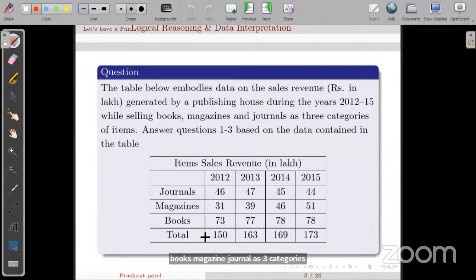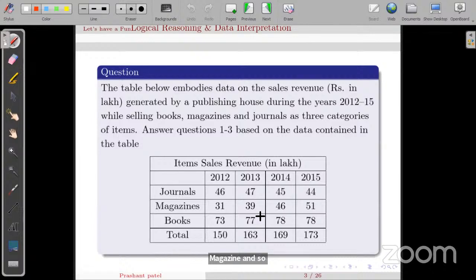Answer questions 1 to 3 based on the data contained in the table. So in this table, certain values are given, and the values represent the item sale revenue in lakhs.